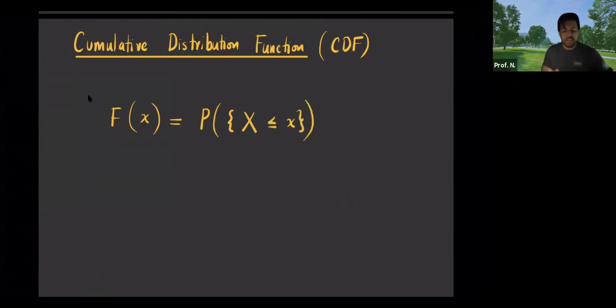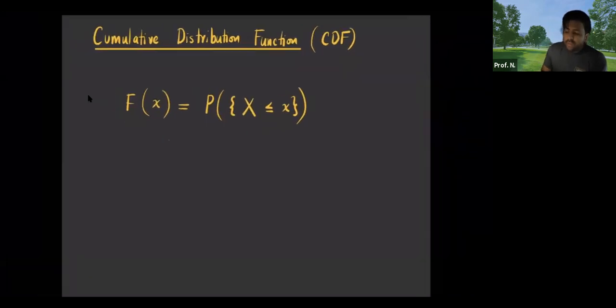So that in itself is the cumulative distribution function. Now, the importance of this is that every random variable has its specific cumulative distribution function.